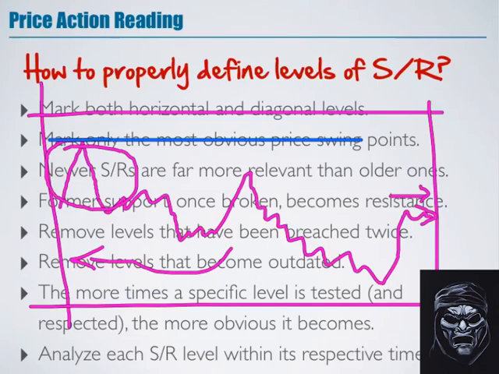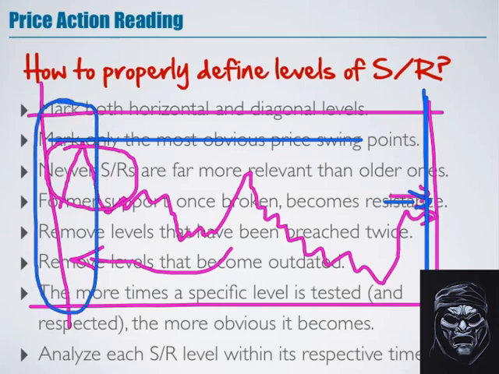Okay, so to cut it short, guys, as price begins to move forward towards the right edge of your chart, any level of support and resistance that was generated on the left edge of your chart becomes less and less and less significant, and therefore eventually you simply delete it, even if it wasn't breached at all.